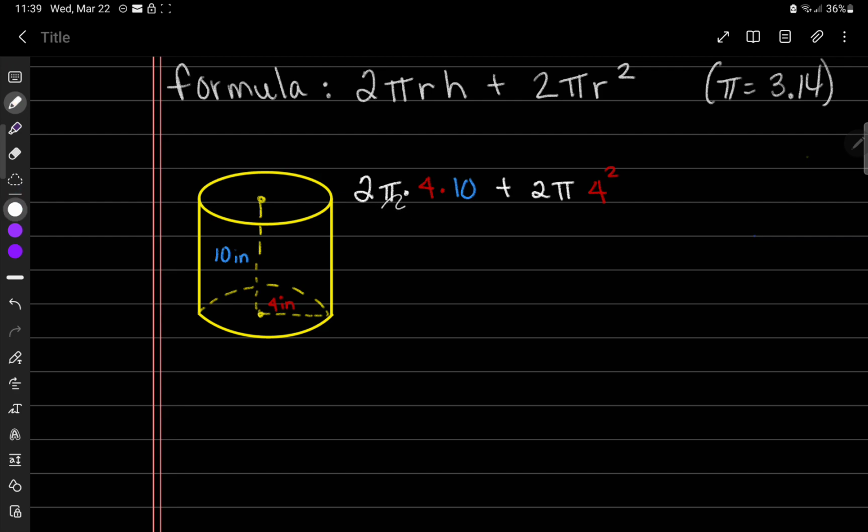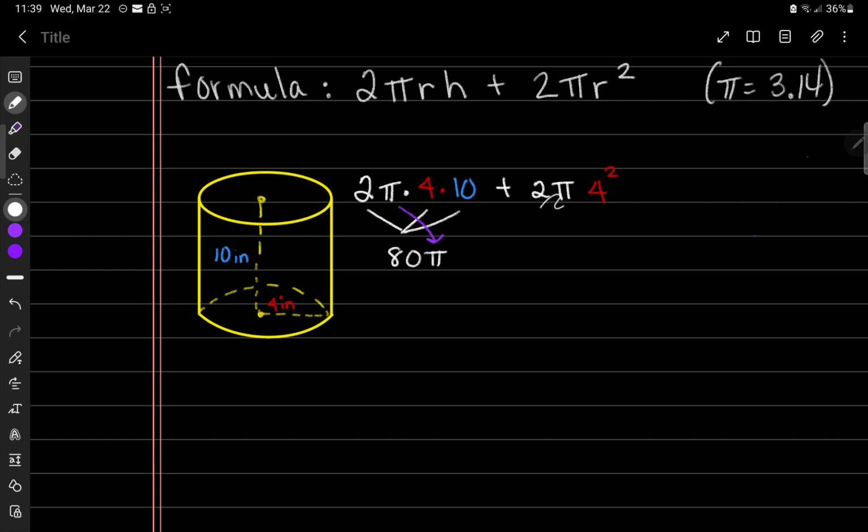So again, we're gonna keep the pi sign. So we're gonna do 2 times 4 times 10. 2 times 4 is 8. 8 times 10 is 80 pi. Keep the pi sign. So we're gonna bring down the pi sign.